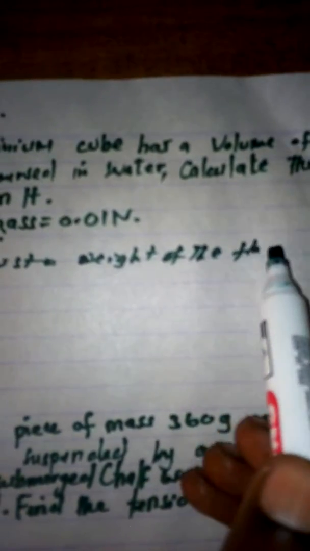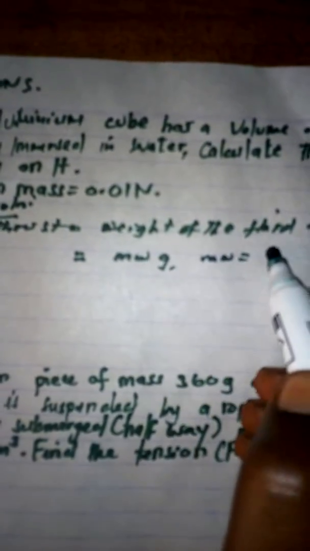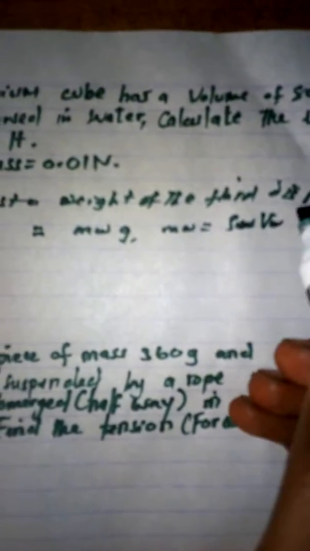But we know also that the weight of the fluid displaced is the same as the mass of the water displaced times gravitational force. And mass of water displaced is density of water times the volume of water. So we can also write density of water times the volume of water times gravitational force.